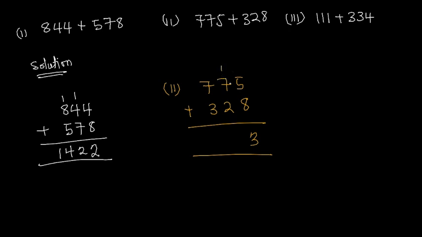So 1 plus 7 will give me 8, plus 2 will give me 10. Rather than writing the whole 10, I write the 0, and then I send the 1 onto the next set of values to be added. Now I have 1 plus 7, which is 8, plus 3, and that will give me 11. So I can now write that 11 over here. So this becomes my answer for II.